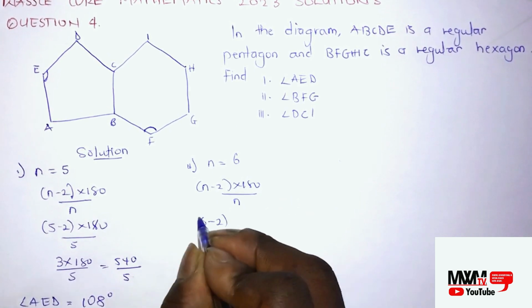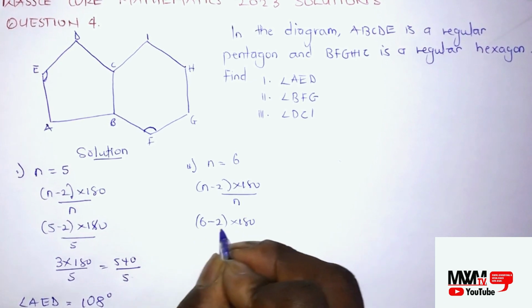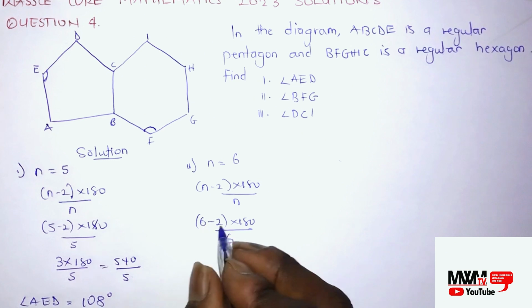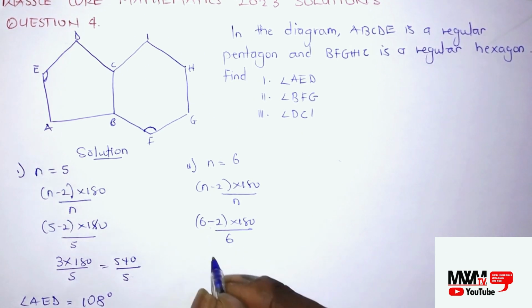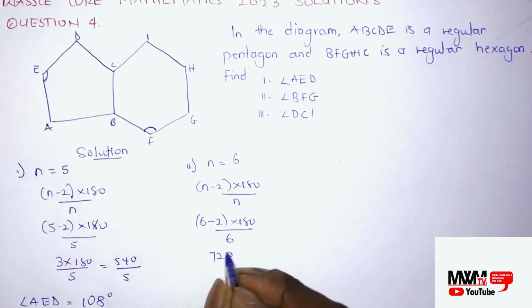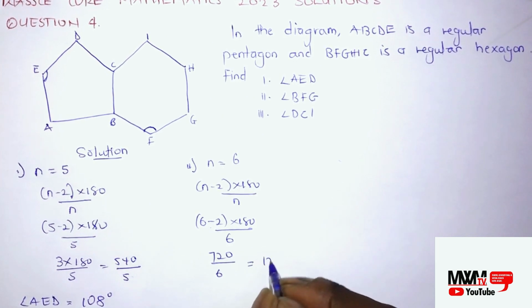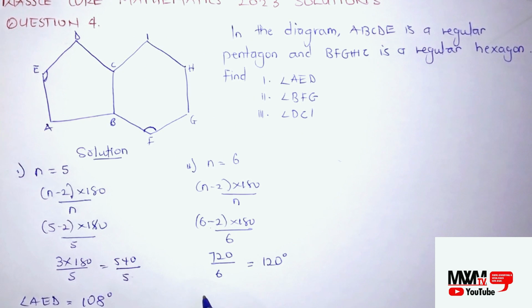So 6 minus 2 times 180 divided by 6. And that gives us 4 times 180, we get 720 divided by 6, which is 120 degrees. So angle BFG is equal to 120 degrees.